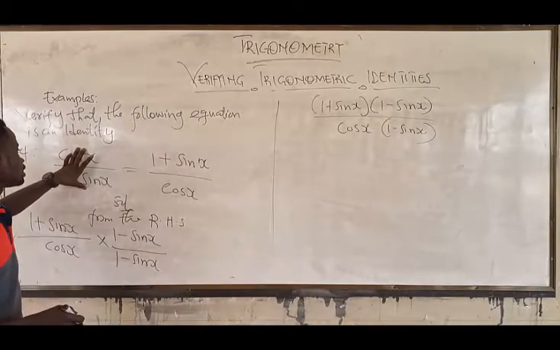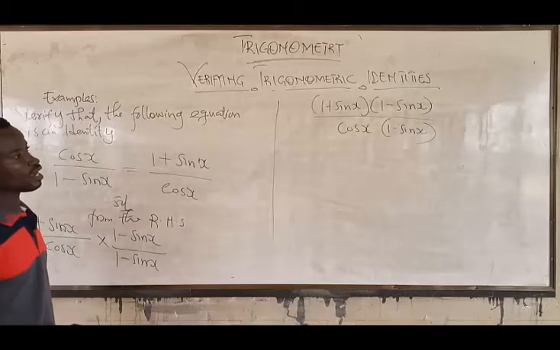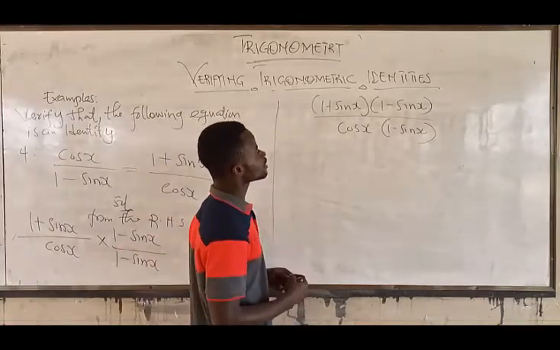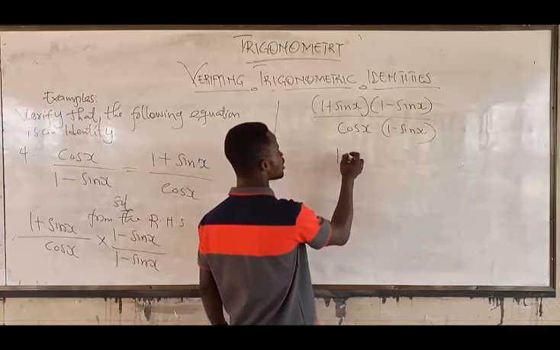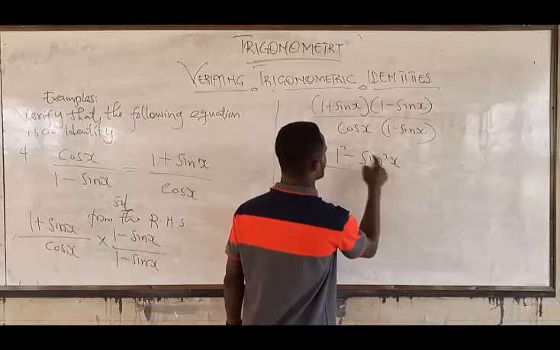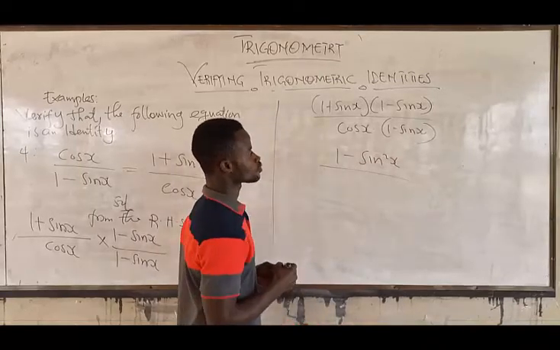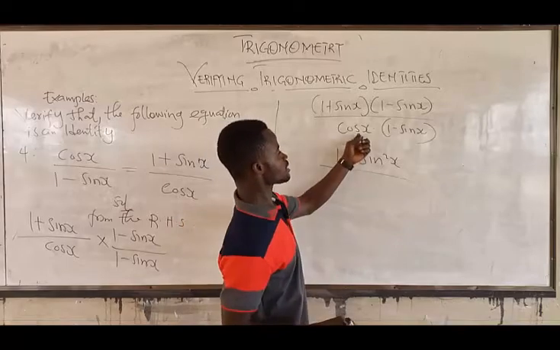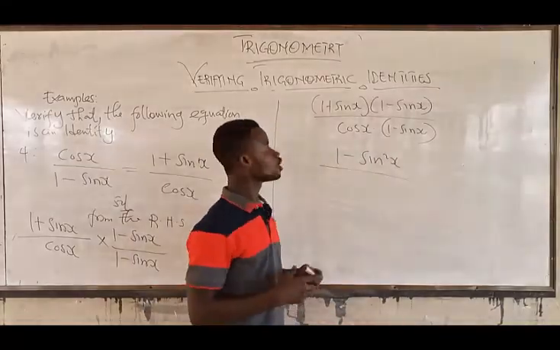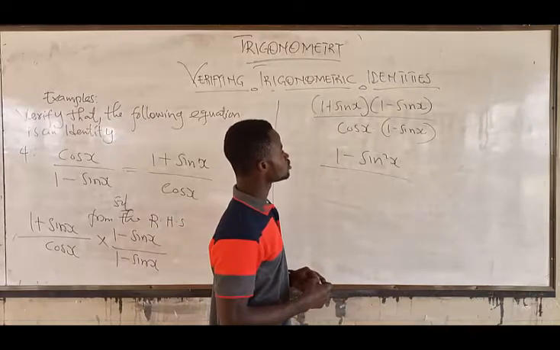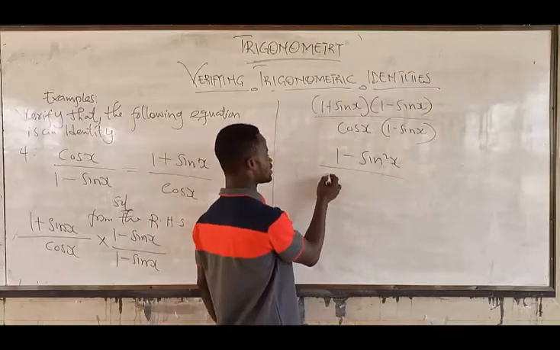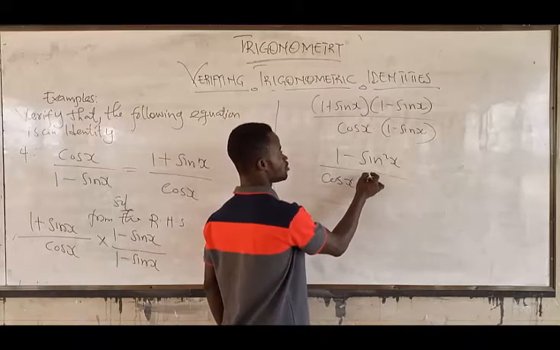Here is where we are hoping to be. So you can see the top one is equal to 1 square minus sine square s. And now, this is multiplying this. Before we distribute, let's repeat this.